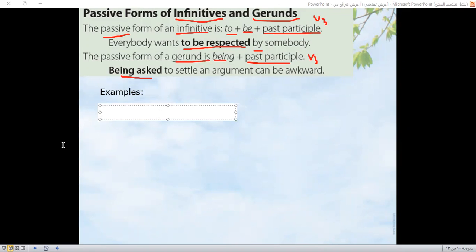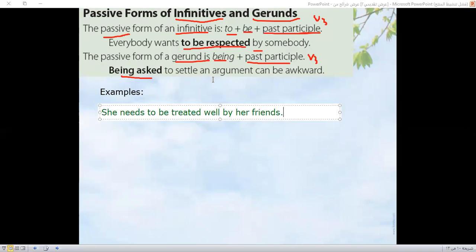Any example? We can say, for example, she needs to be treated well by her friends.